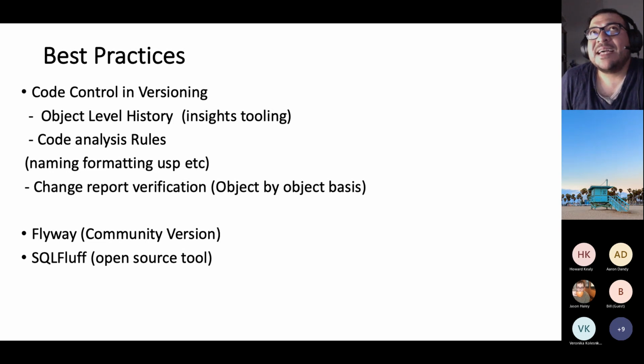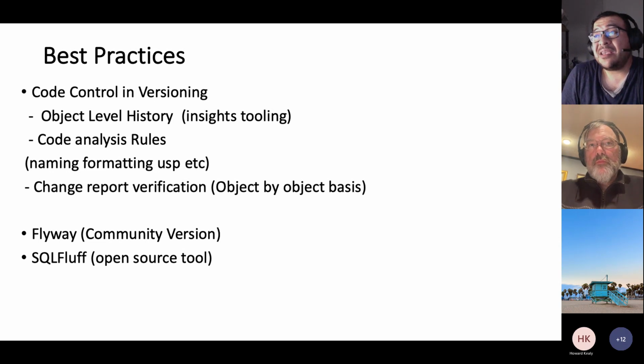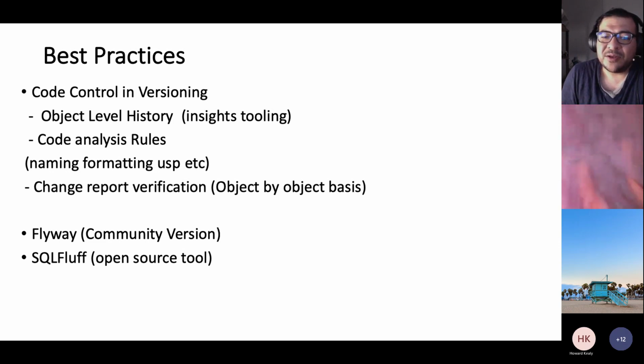I know that a middle step is not an integrated step, but it can help you, because imagine that you have like 20 scripts daily that you want to check for each object. With versioning, I know you can go through each one, but at the end you're going to miss one.